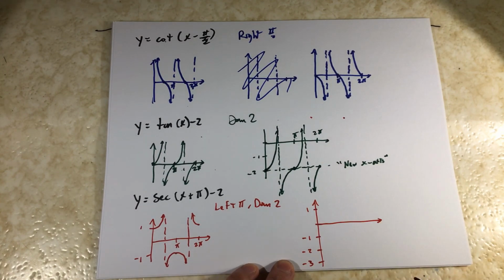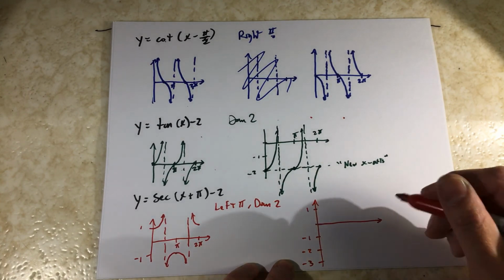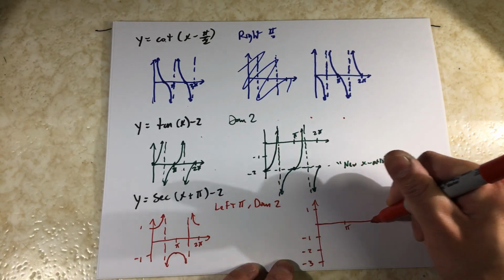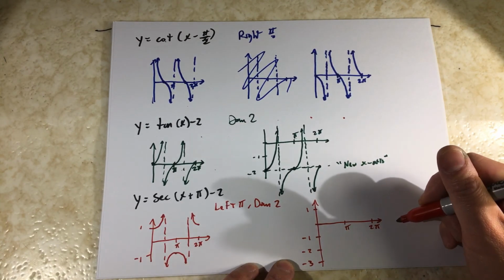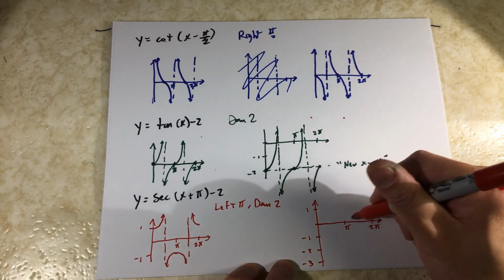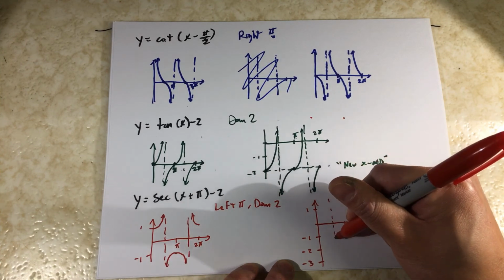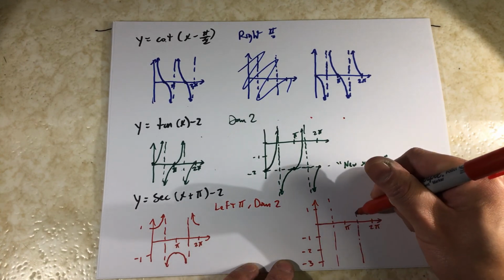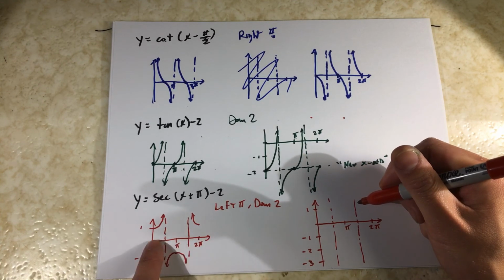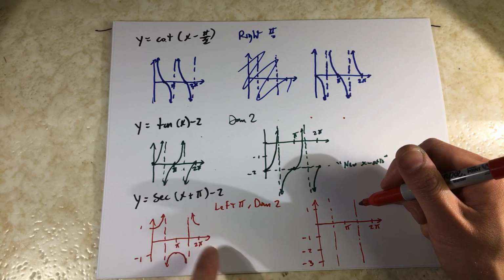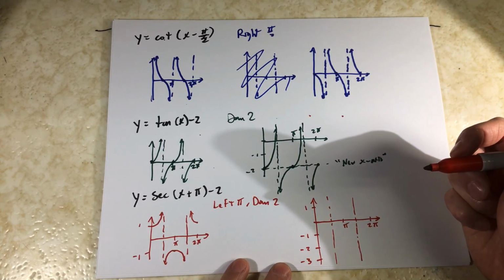I'm not sure we have enough room for this, but let's try to do it. So we have pi and 2 pi. Now our asymptotes aren't going to really change here, because the asymptote that was over here shifts over pi and basically lines up with this one, and there's another one that shifts over here. So our asymptotes are basically in the same positions.